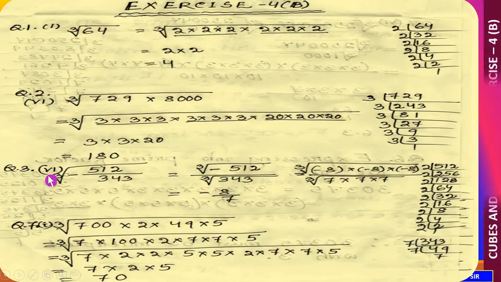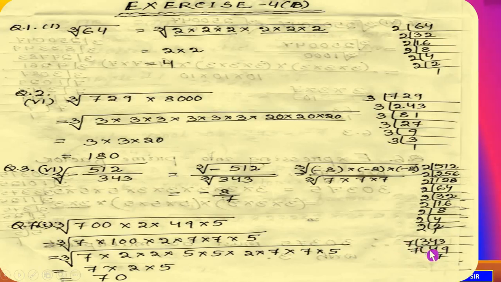Now come to question number 3, part 6: cube root of minus 512 divided by 343. The whole cube root means minus cube root of 512 divided by cube root of 343. So 512 is factorized here. It can be written as 2 to the 4, meaning 8 into 8, and that way it can be done also. So minus 512 can be expressed as minus 8 into minus 8 into minus 8, and 343 can be expressed like this.